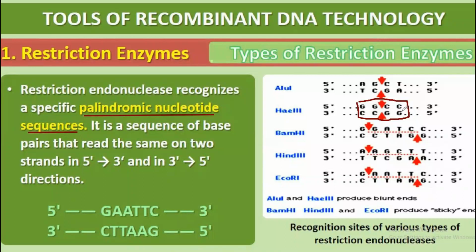If you read in 3' to 5' direction, CCGG. Then here in 3' to 5' direction also CCGG. So that is the meaning of palindromic nucleotide sequence. That means restriction endonuclease recognizes a specific palindromic nucleotide sequence to make the fragments or to cut the DNA.